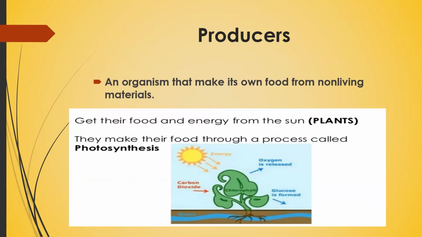For example, trees, grass, berries, nuts, algae, and phytoplankton. They get their food and energy from the sun. They make their food through a process called photosynthesis. In photosynthesis, the plant uses the energy from the sun, water, and carbon dioxide to make their food, that is glucose.